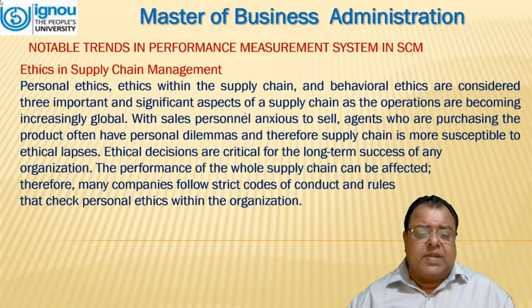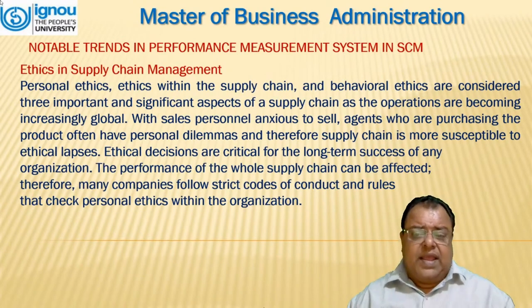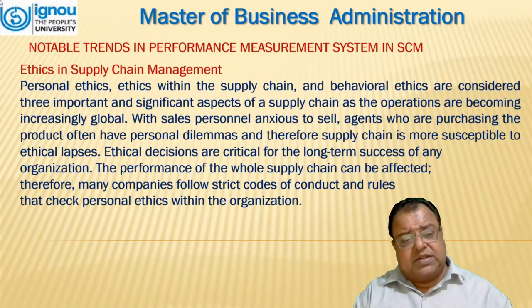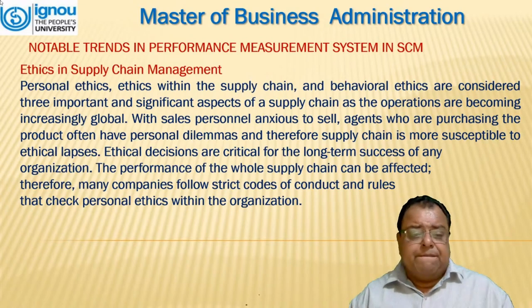With sales performance, agents who are anxious to sell and those purchasing the products often have personal dilemmas, and therefore the supply chain is more susceptible to ethical lapses.